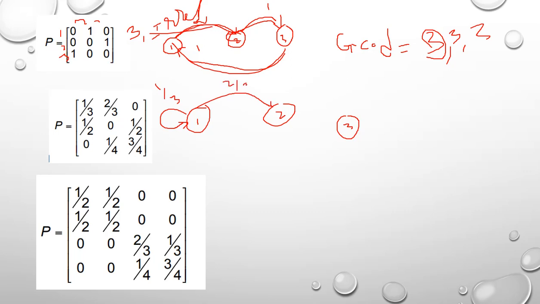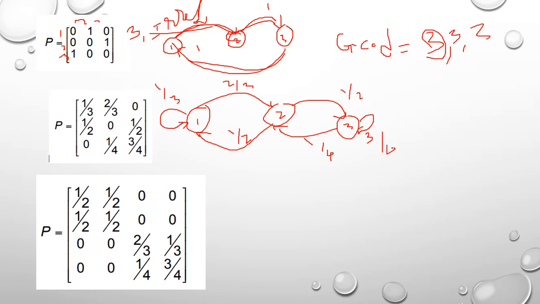Then 2 to 1 is 1 by 2, and 2 to 2 is 0. 2 to 3 is 1 by 2. Then 3 to 2 is 1 by 4. 3 to 3 is 3 by 4.